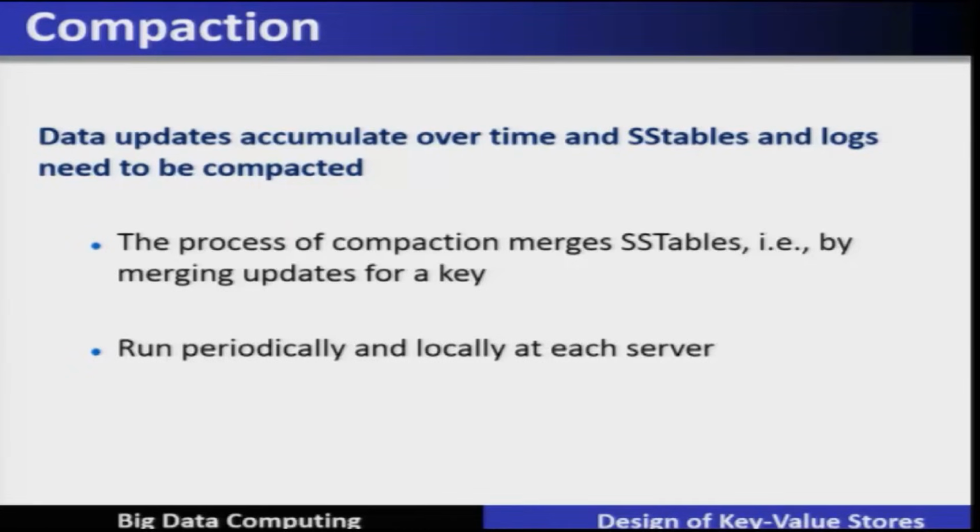The process of compaction merges SS tables by merging updates for a key. The different SS tables, which are immutable, need to be merged, and all the data has to be made persistent, so that other operations become efficient. This compaction runs periodically and locally at each server.